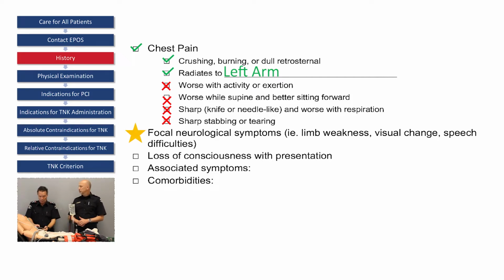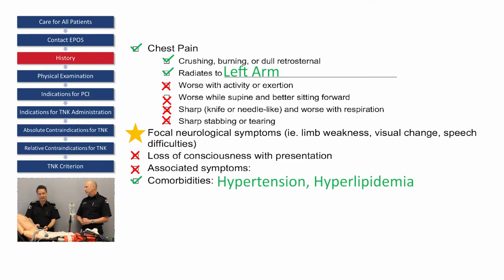I do want to look for focal neurological symptoms, and some of those would be limb weakness, visual change, or speech difficulties. There was no loss of consciousness with the presentation, and this patient doesn't have any associated symptoms. This patient does have a couple of comorbidities, and that is hypertension and hyperlipidemia.